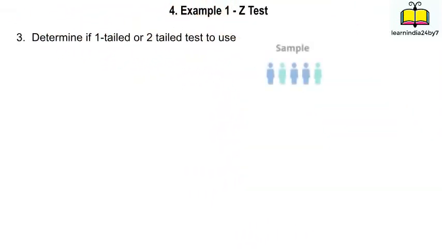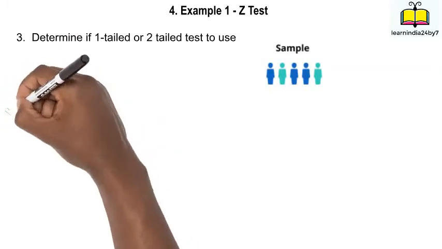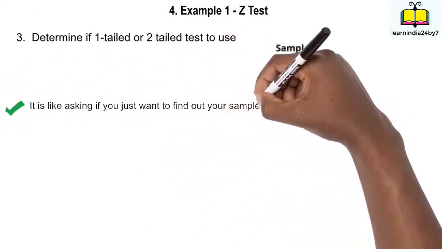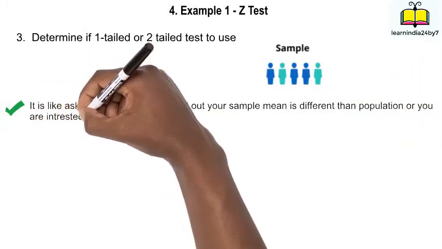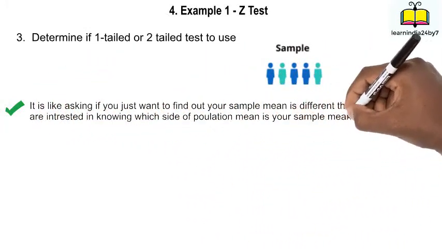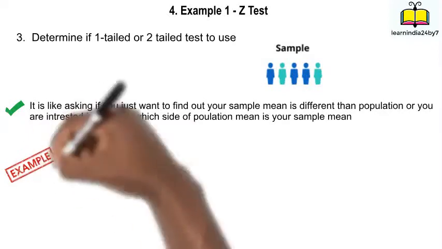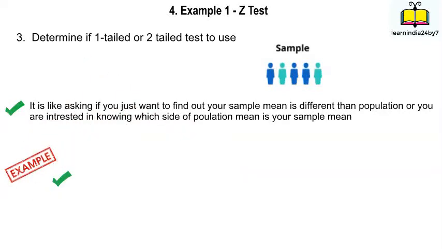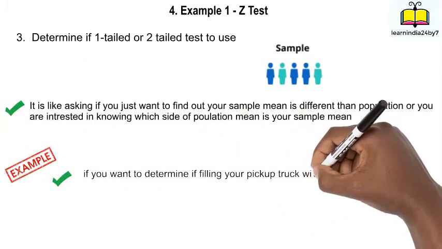Determining whether to use a one tail or two tail test is like asking if you just want to find out whether your sample mean is different from the population mean, or you are interested in knowing which side of the population mean your sample mean is. Here are a few examples.